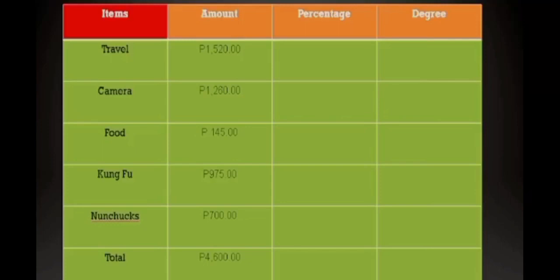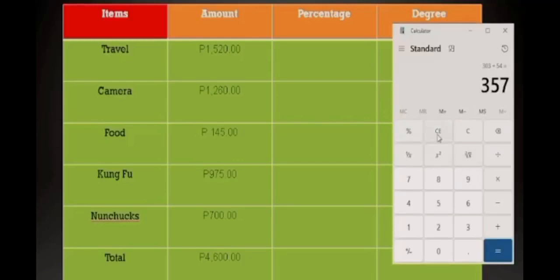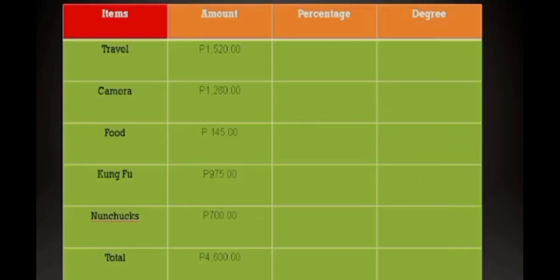So how do we get the percentage? To get the percentage, we divide the amount of each item by the total amount. The amount of travel is 1,520 pesos divided by 4,600 pesos, which is 0.33 or 33%.